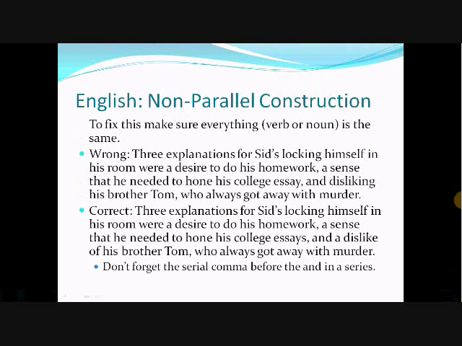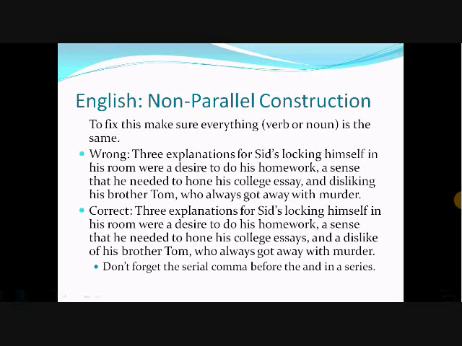Non-parallel construction. To fix this, make sure that everything, the verb or the noun, is the same. This is wrong: Three explanations for Sid's locking himself in his room were a desire to do his homework, a sense that he needed to hone his college essay, and disliking his brother Tom, who always got away with murder. This is correct: Three explanations for Sid's locking himself in his room were a desire to do his homework, a sense that he needed to hone his college essay, and a dislike of his brother Tom, who always got away with murder.